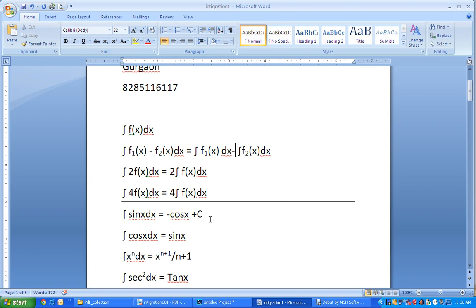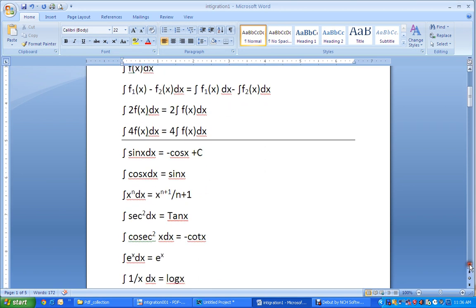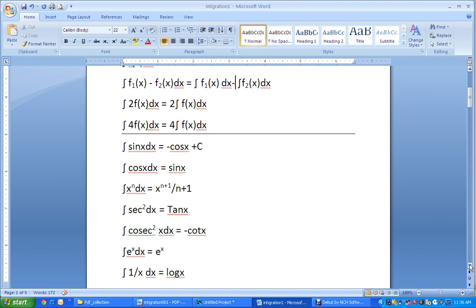So here integration sin x dx is minus cos x. Correct. Integration cos x dx is sin x, not minus. Similarly, integration x power n dx will be x power n plus 1 whole divided by n plus 1.